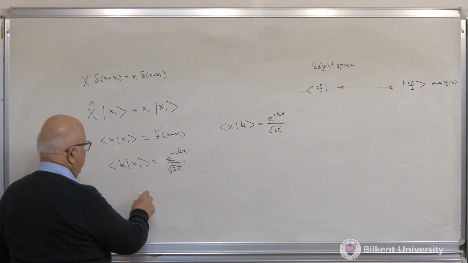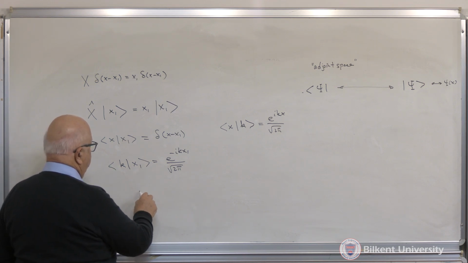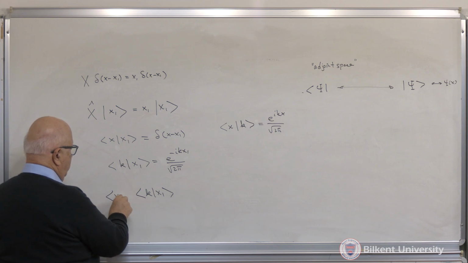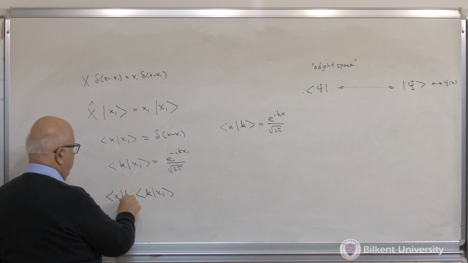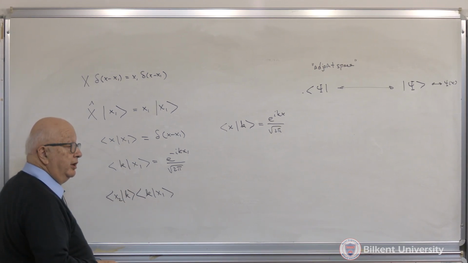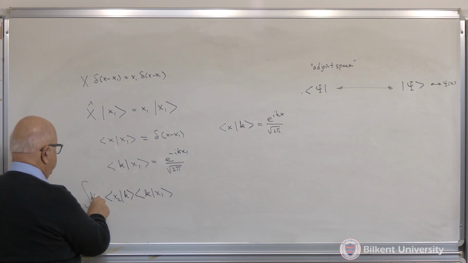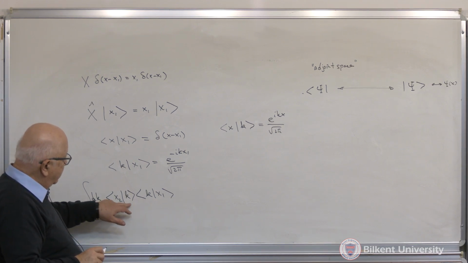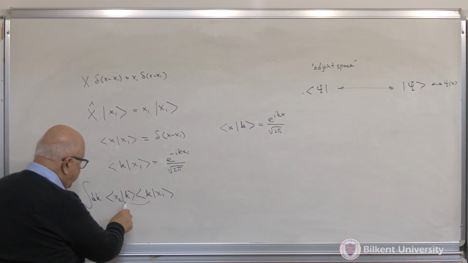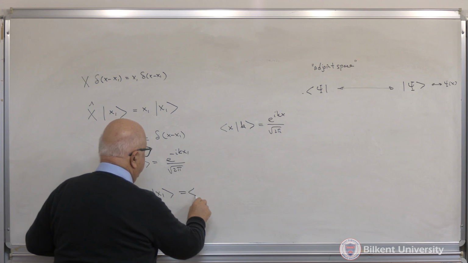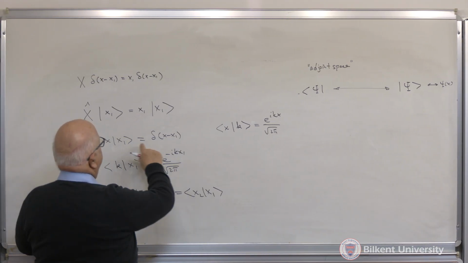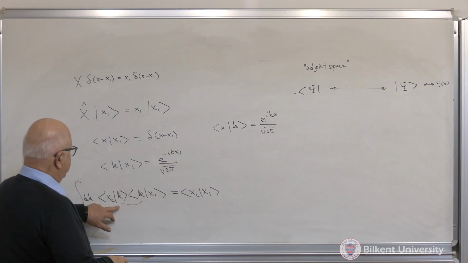Let me take k x1 and another one, x2 k, and integrate with respect to k. So what do I get? Because this is an identity, I get x2, x1. So I should get directly a delta function, but let's just check.